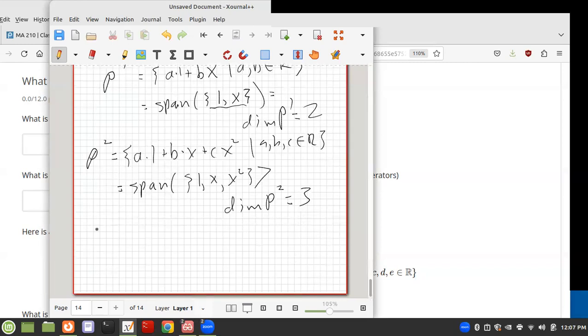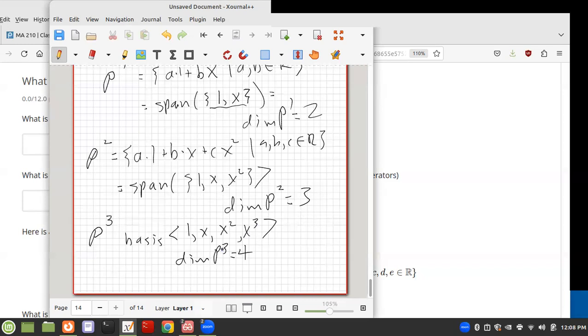And you can see by the similar argument that P3 is going to have a basis of 1, x, x squared, x cubed, and the dimension of P3 equals 4. The reason is that it's like you're starting from 0: 0, 1, 2, 3.